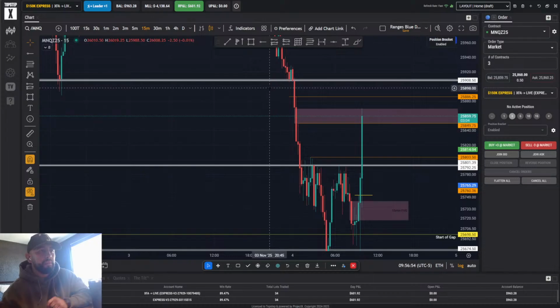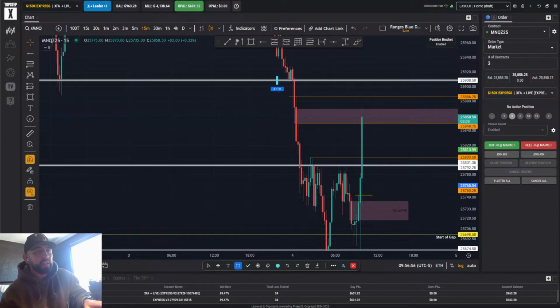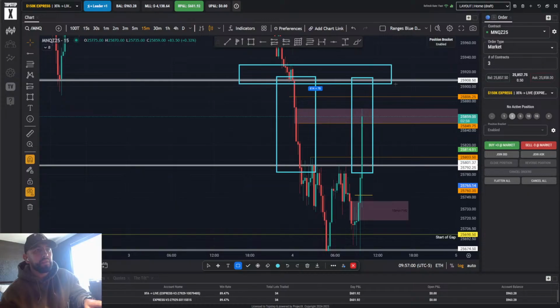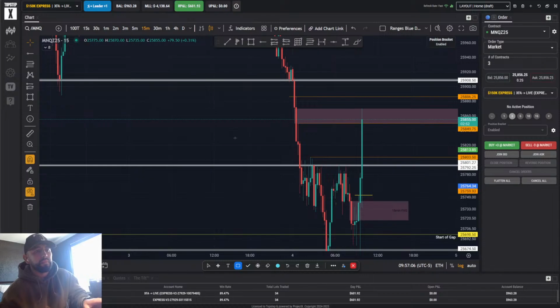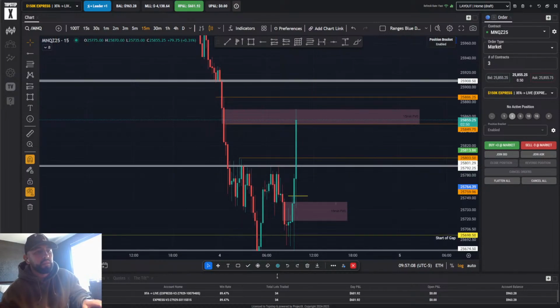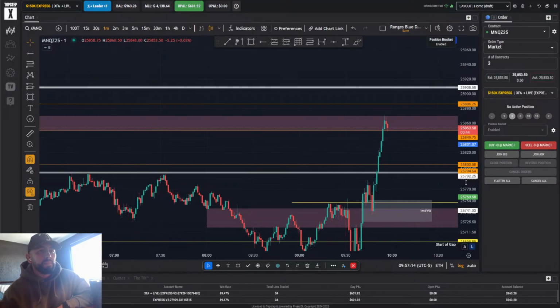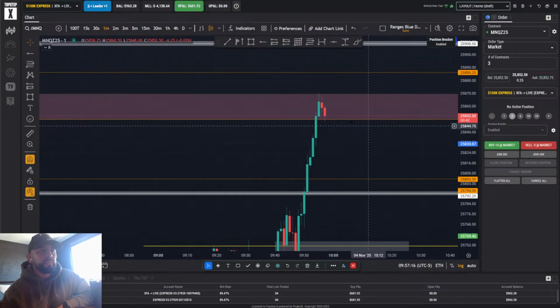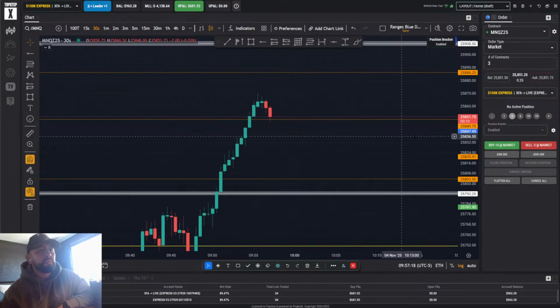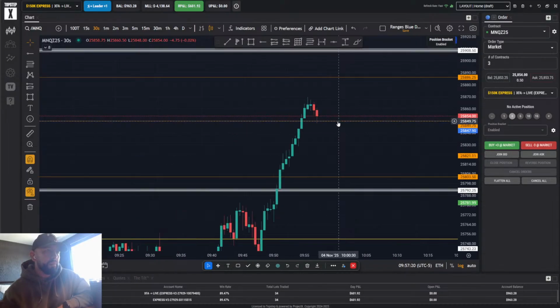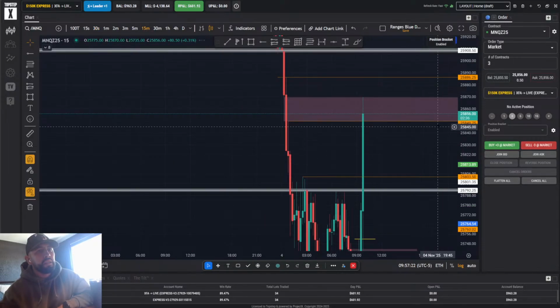If you see, we have this whole range that should possibly get filled here, and then we don't see any actual selling pressure till around the 900s here. So now we're starting to see a little bit of selling pressure.